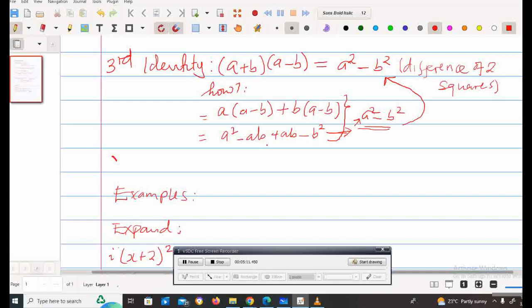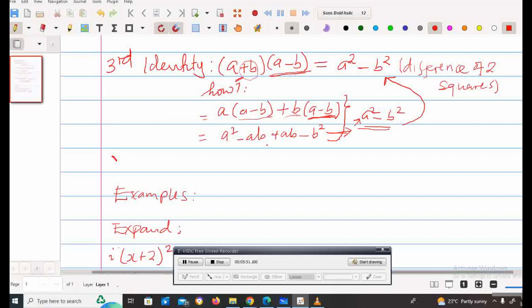We open the brackets, so it will be this a multiplied by the whole of the second bracket, a into a minus b, then this plus b multiplied by the whole of the second bracket again. a times a gives us a squared, a times minus b gives us minus ab, then positive b multiplied by a gives us plus ab, then b multiplied by minus b gives us minus b squared.